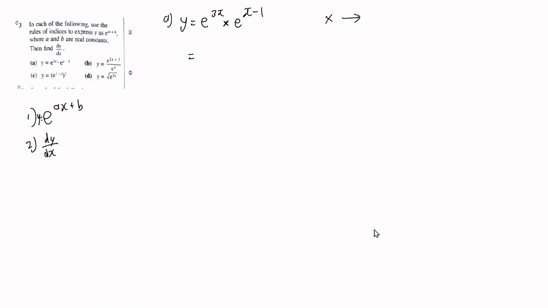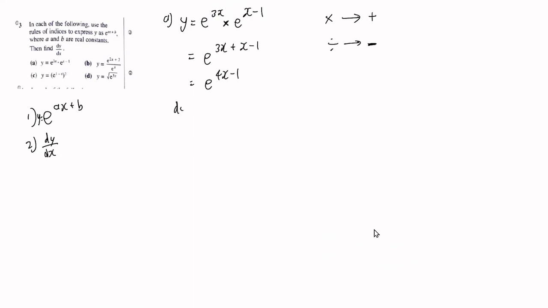Division's best friend is minus. So here we've got 3x, here x minus 1. The base is the same, you have a multiply, so 3x plus x minus 1, which is 4x minus 1. e to the power of 4x minus 1.